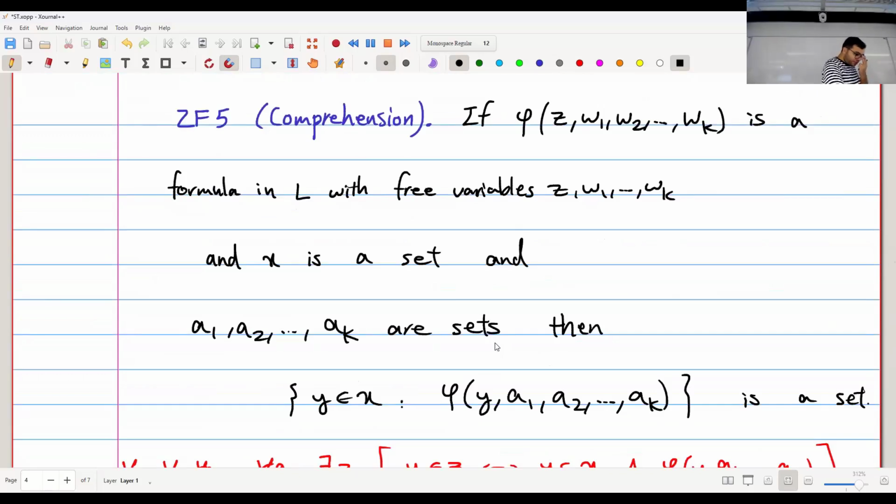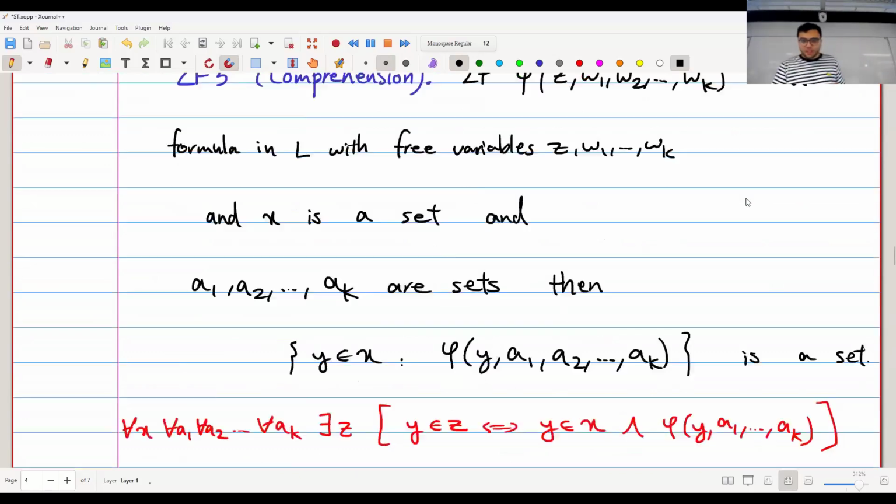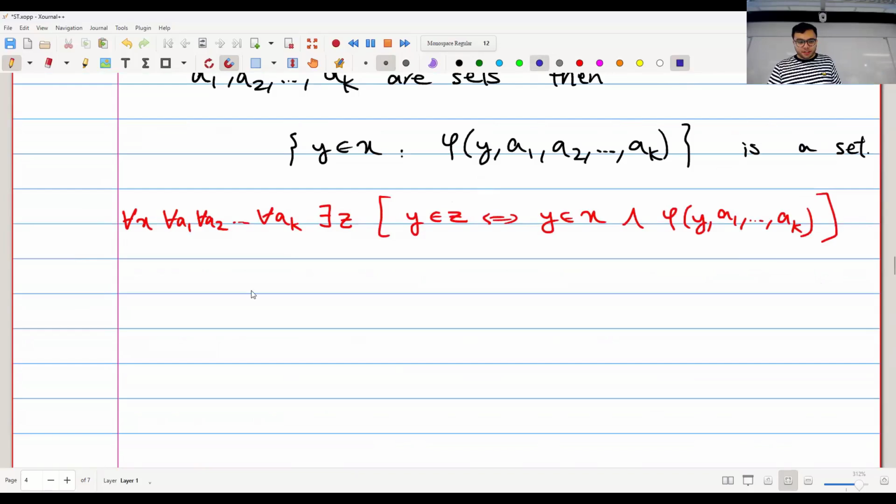So far, we have a bunch of nice axioms. I want to add another one because I want to get into defining things like functions and relations and so on. And surprisingly, the axiom that I need here is the power set axiom. So this is the F6, power set.